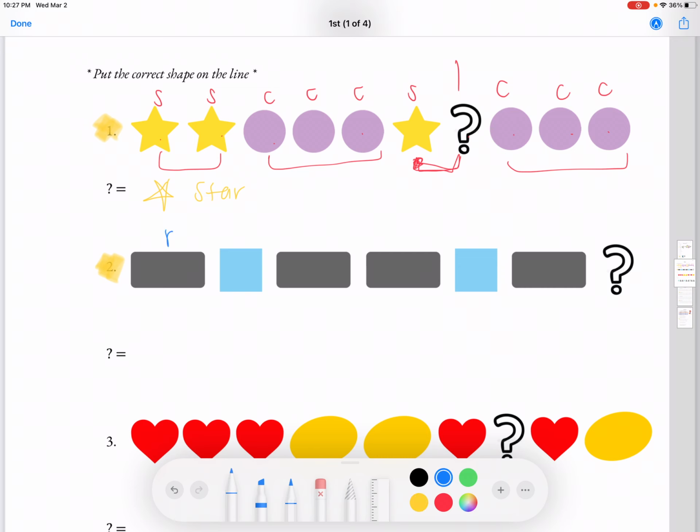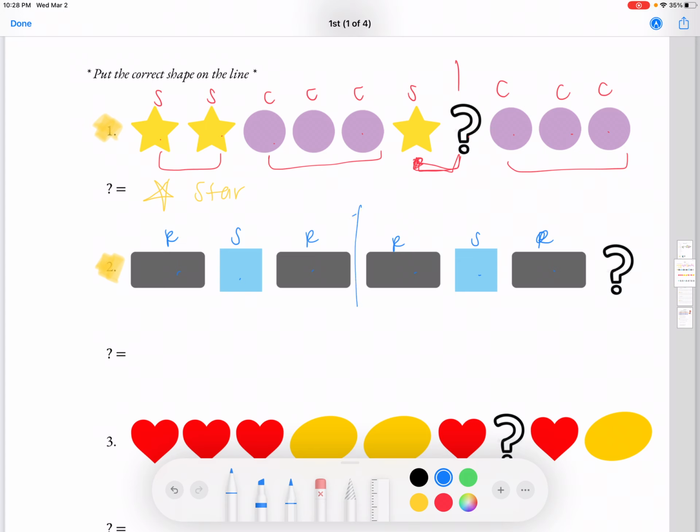For number 2 we see a rectangle, square, rectangle, rectangle, square, rectangle, and blank. So for this one we have to figure out where it starts repeating again. So we have rectangle, square, rectangle, and then rectangle, square, rectangle, and then we repeat it again.